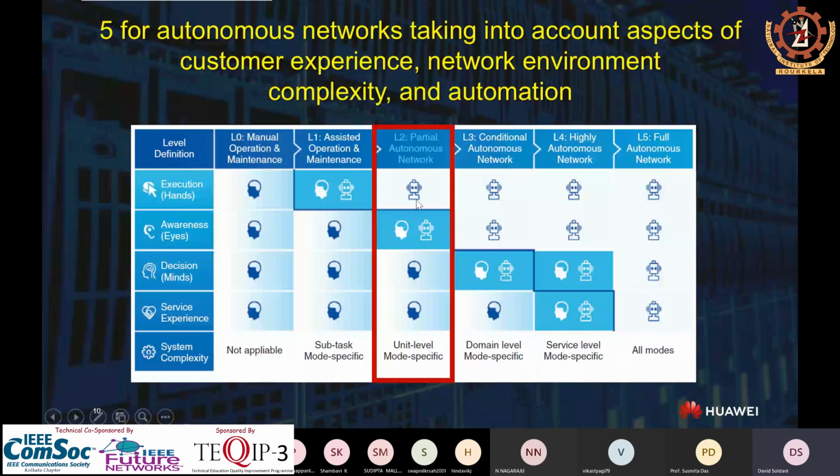And the target now is to use this new technology, to use artificial intelligence as a general purpose technology, and apply that so that the system can really become autonomous with very little human intervention.